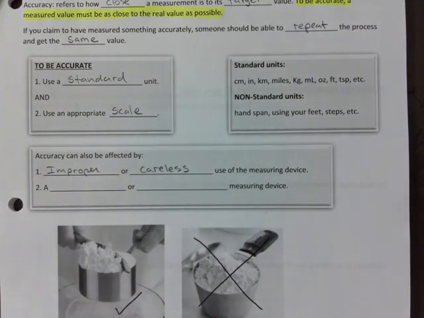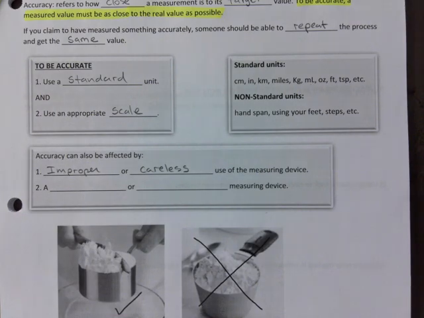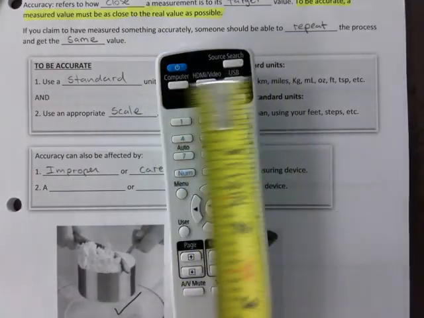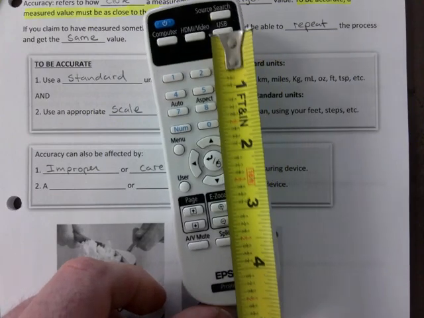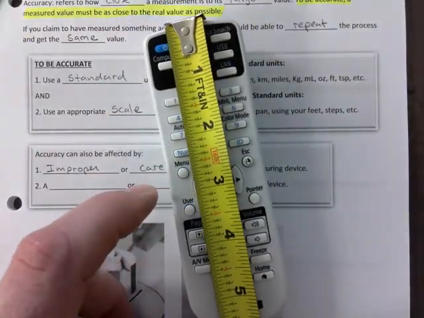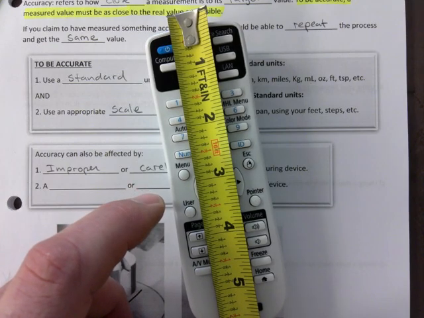Do I have a measuring tape here? Yeah, right here. So, this is my measuring tape. If I wanted to measure this remote and I don't make sure that this tape makes proper contact, like if I measure it like this, that's improper use, okay?